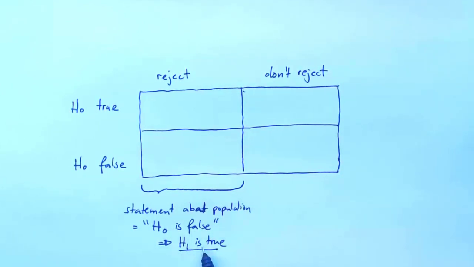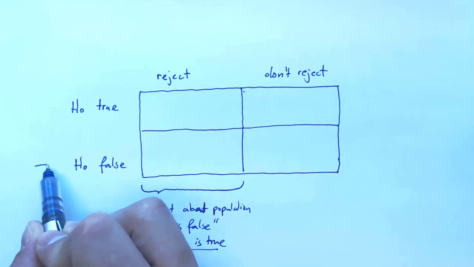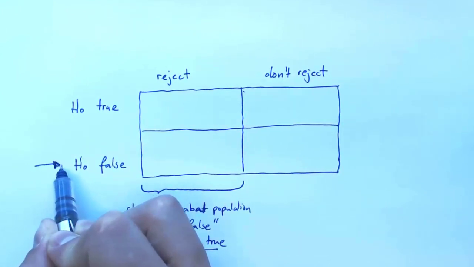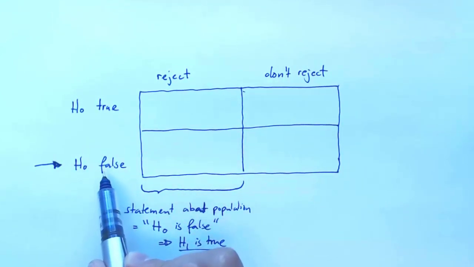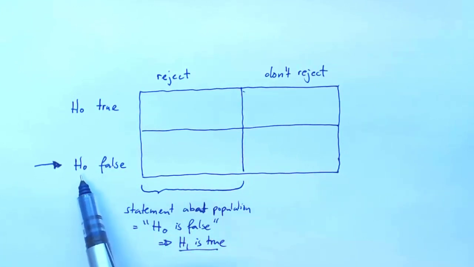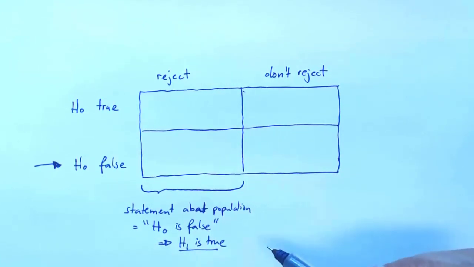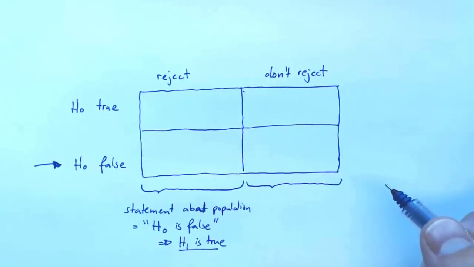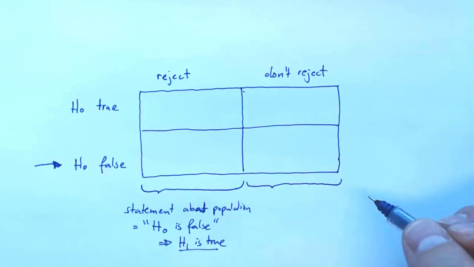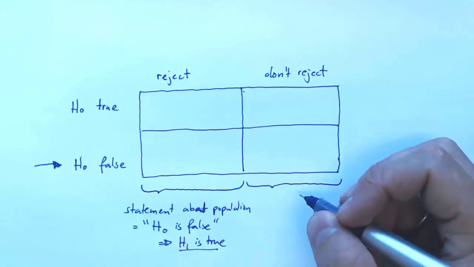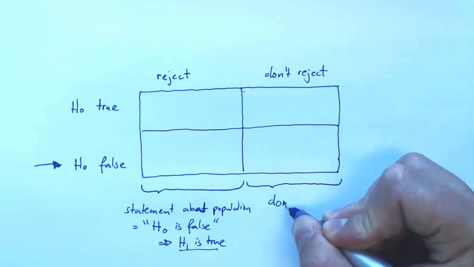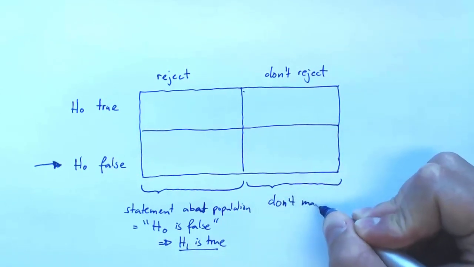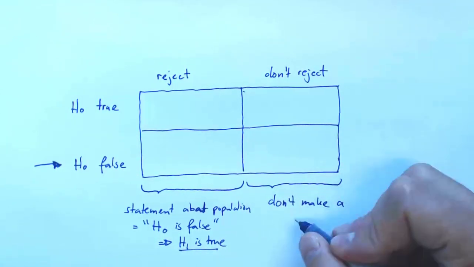And this is basically what we want to show, right? So we're interested in scenarios where H0 is false, and in these scenarios we also want to have our test tell us that H0 is false. If we don't reject, then we don't learn anything, because we haven't been able to disprove the null hypothesis, and we will not make a statement about the population. Don't make a statement.